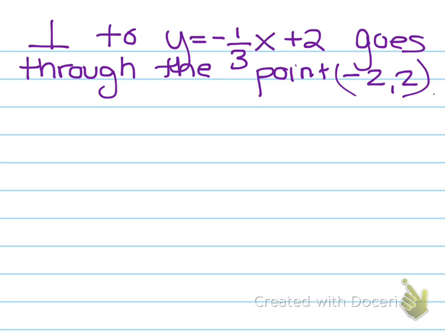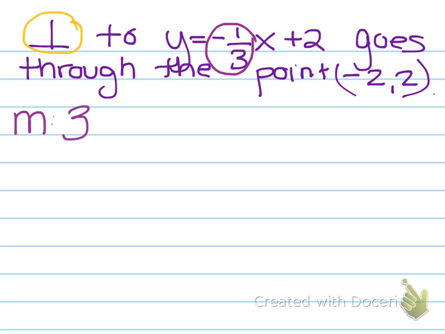Since it's perpendicular, you're going to think opposite reciprocal. So we need to identify the fact that our slope to start is -1/3. So the opposite reciprocal of -1/3 is positive 3/1. So our slope is going to be positive 3. And we know this because it says perpendicular.